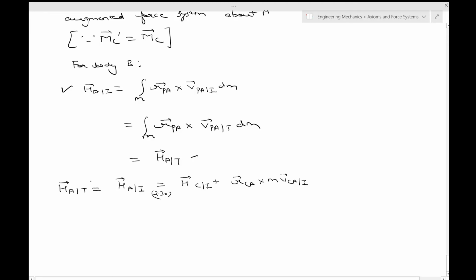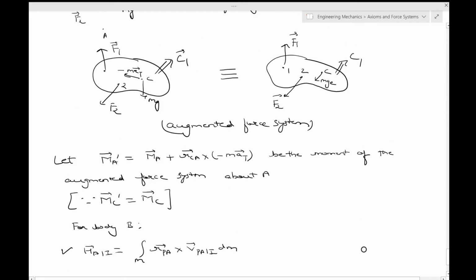Okay, now this is equal to HC in the I frame plus RCA cross MVCA in the T frame. Just because this in the I frame is the same as in the T frame, because of the reason which we have just discussed over here.